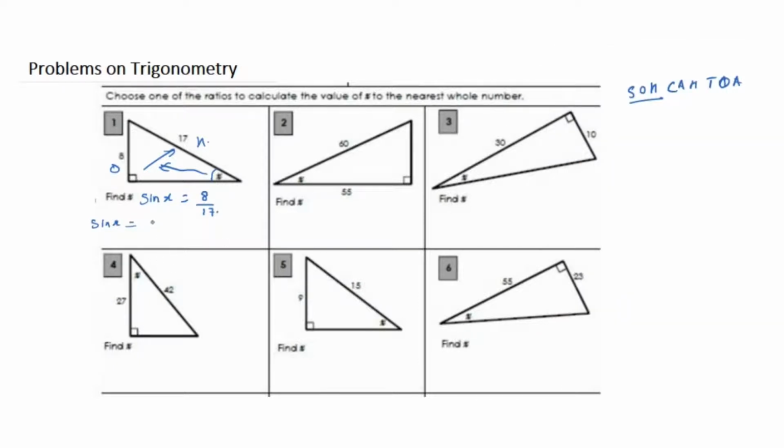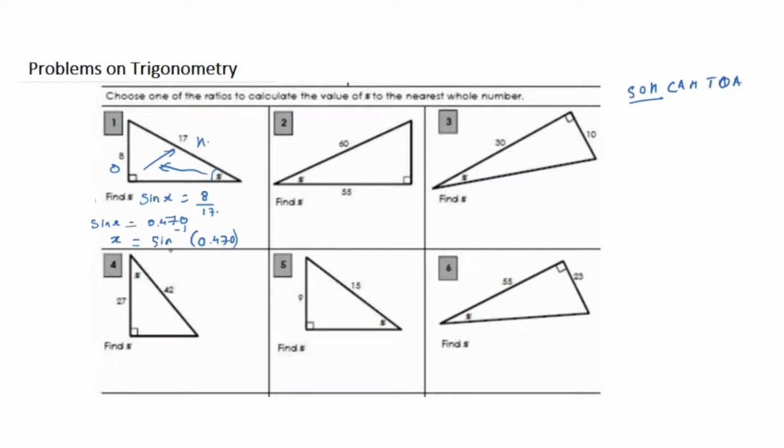So 0.470. And now when we need to find out the angle, we have to do sine inverse of both sides. So when we do a sine inverse, the sine of x becomes only x to get the angle, and this becomes sine inverse, which is written as sine to the power minus 1 of 0.470. Now this does not mean that this is 1 over sine.